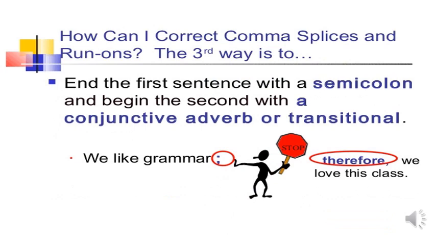The third way to correct comma splices and run-on sentences is by using a semicolon and beginning the second sentence with a conjunctive adverb or transitional word. For example: we like grammar, semicolon, therefore, comma, we love this class.